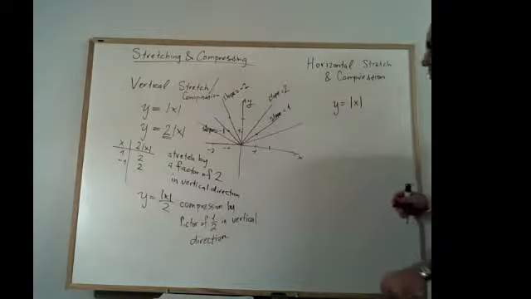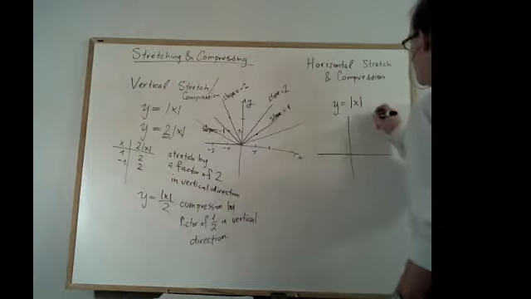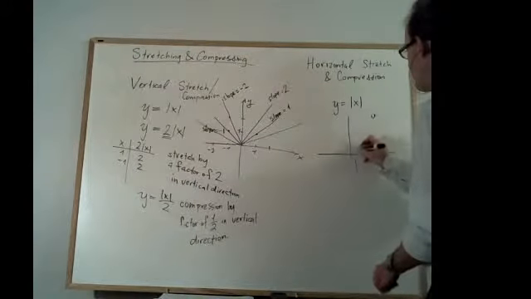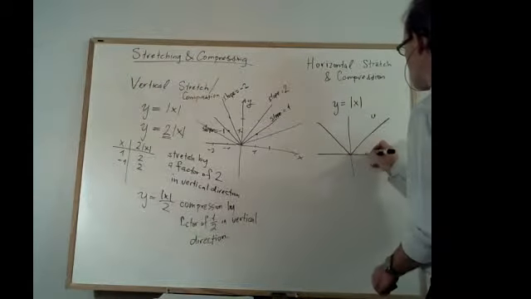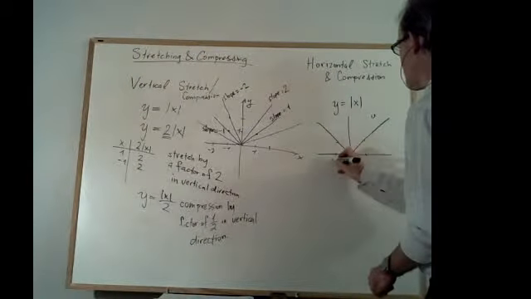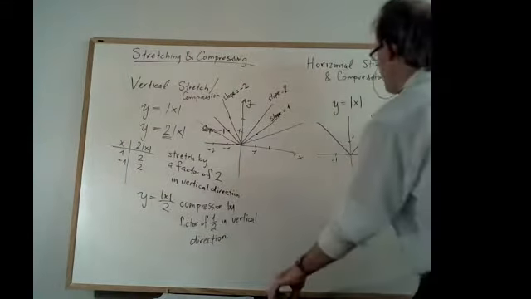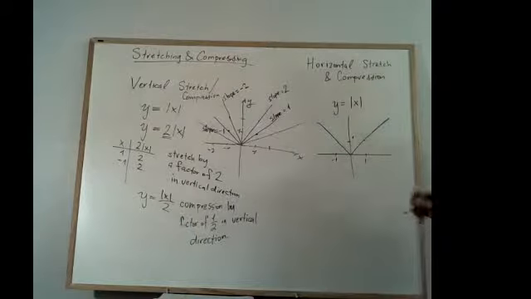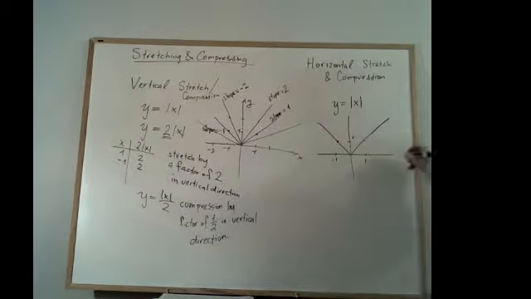So I suspect if I start with y is equal to the absolute value of x, I start with the absolute value of x, and I want to stretch it in the horizontal direction.